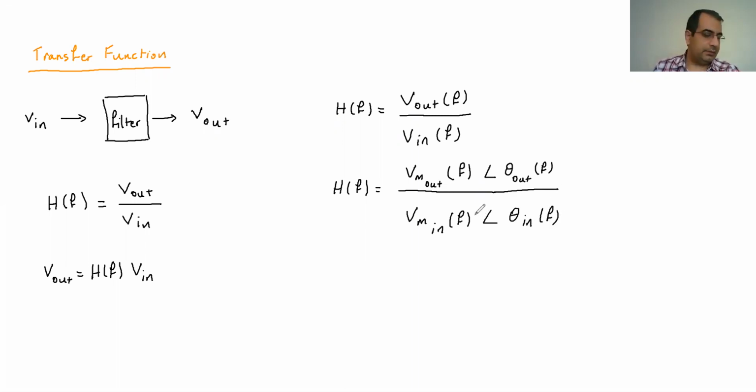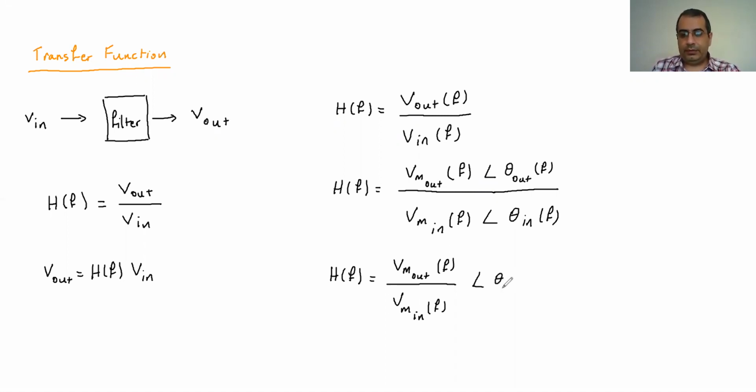So assume I have this. Then H of F is going to be Vm of the output as a function of F divided by Vm of the input as a function of F, with the angle of theta out as a function of F minus theta in as a function of frequency, just subtracting these two angles. Usually we can write that transfer function like that.